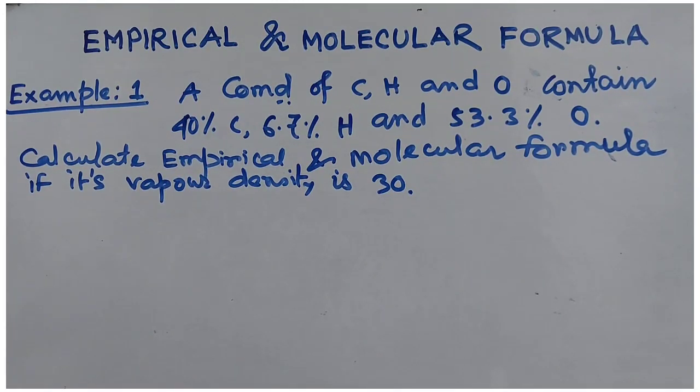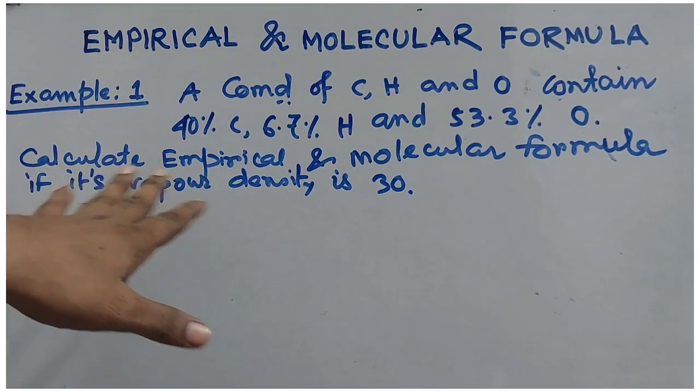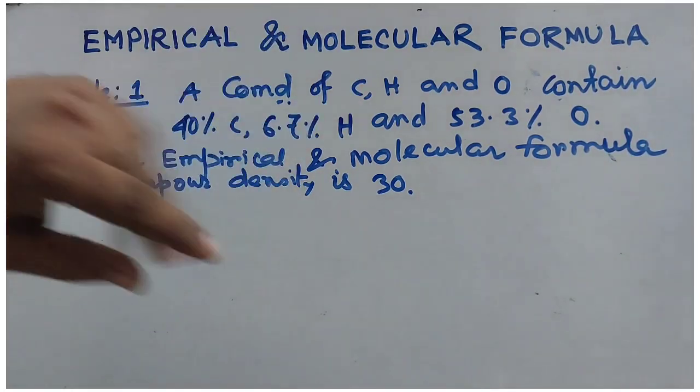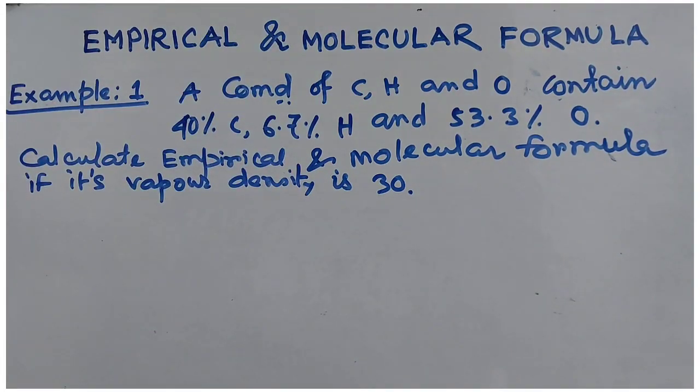Now we have to calculate the empirical and molecular formula of that compound. Here one piece of information is given, that its vapor density is 30. Okay. To calculate molecular formula, one piece of information is necessary, such as vapor density or something else, which we can see in the next example.